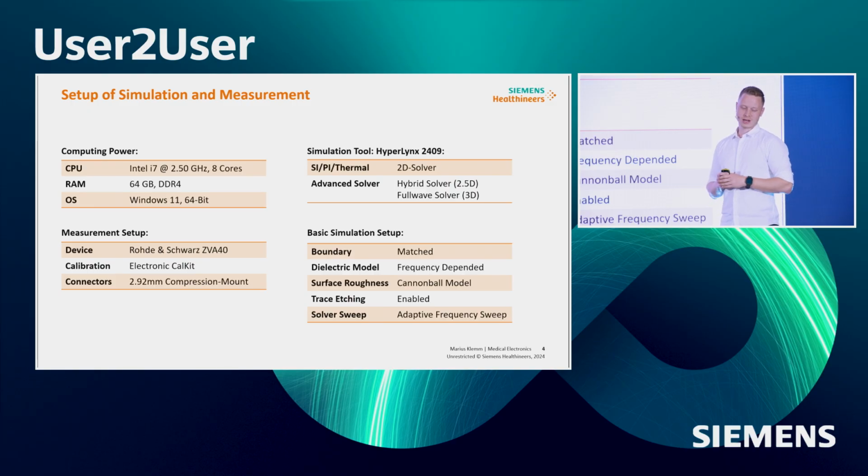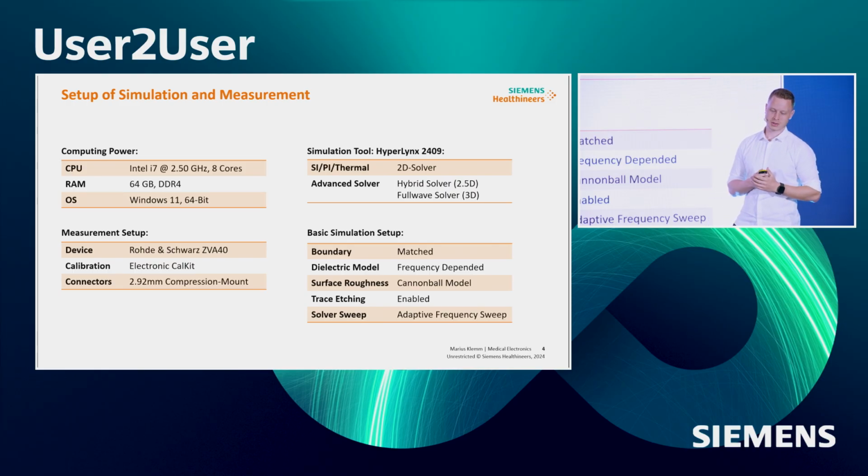For the measurement, we're using a Rohde and Schwarz VNA up to 40 gigahertz. That's what I also simulated and measured. What I am showing here is only up to 30 gigahertz because it's the most interesting range where the effect is going to happen in this case. We use calibration kits with very clean compression mount connectors up to 40 gigahertz.